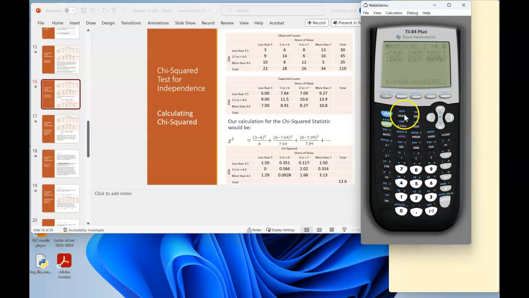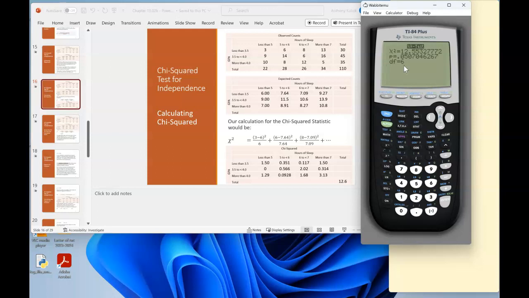Okay, exit out of here, stat, tests, chi-squared test. The good thing is it's all recorded, right? And then go ahead. I did my observed in A and my expected in B, so I'm just going to hit calculate. Look, it didn't even make me do the degrees of freedom myself. It did it automatically for me.